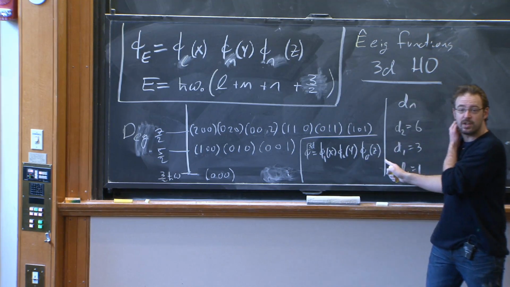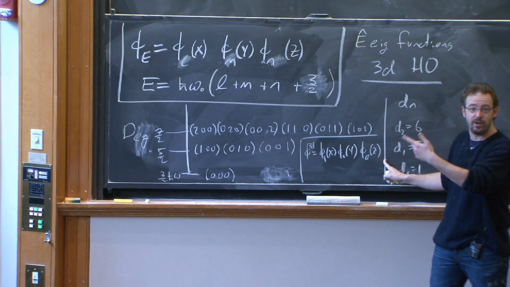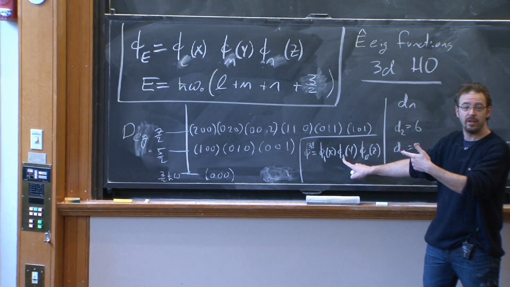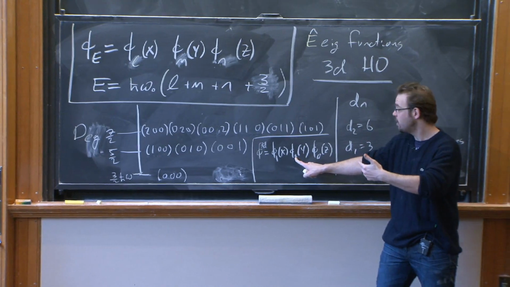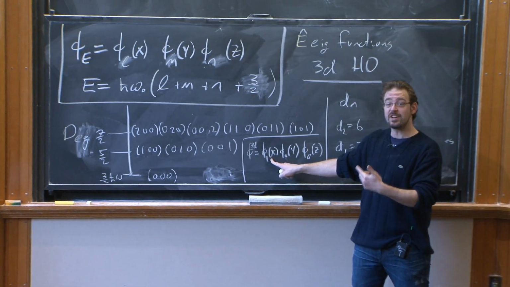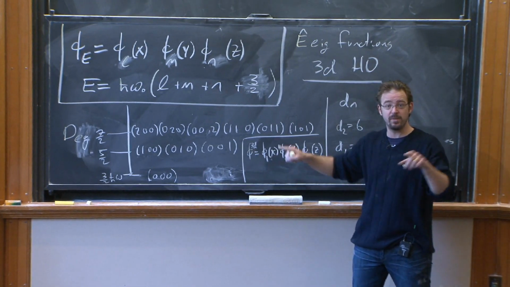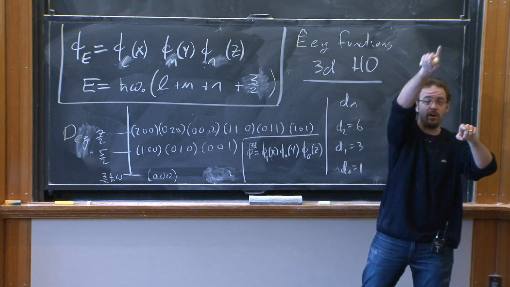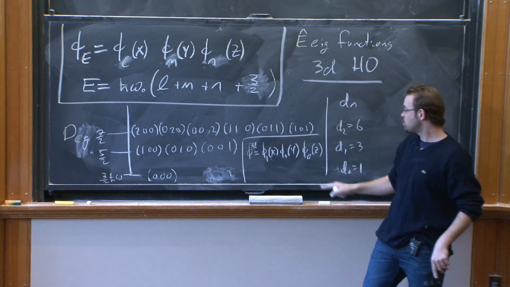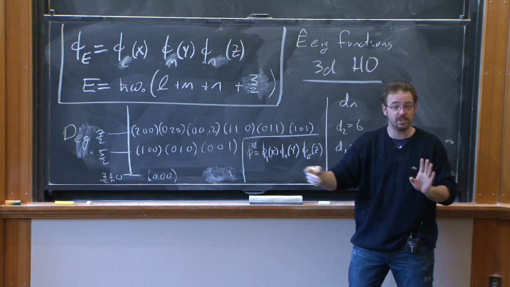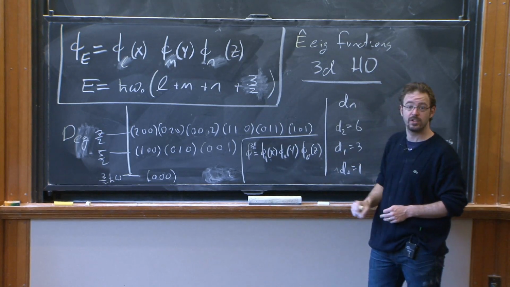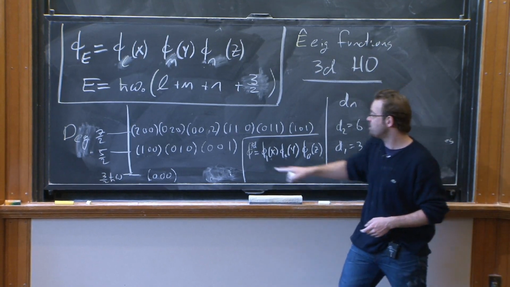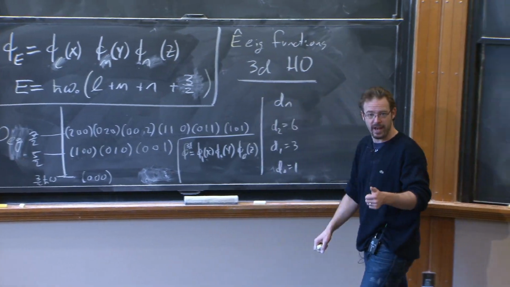But what's phi 0 of z? Well, it's a Gaussian in the z direction. Phi 0 of y, that's the ground state in the y direction, the harmonic oscillator. It's a Gaussian in the y direction. Phi 1 of x, that's not the ground state, that's the excited state. And in particular, instead of being a Gaussian, it goes through 0. It has a node. So this wave function is not rotationally invariant. It has a node in the x direction, but no nodes in the y and z direction. And similarly for these guys. Did that answer your question?